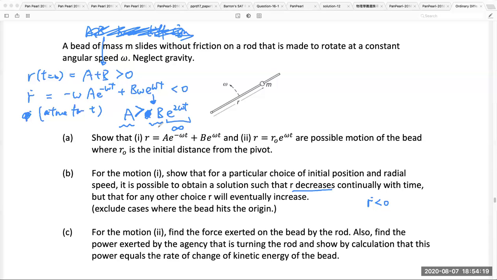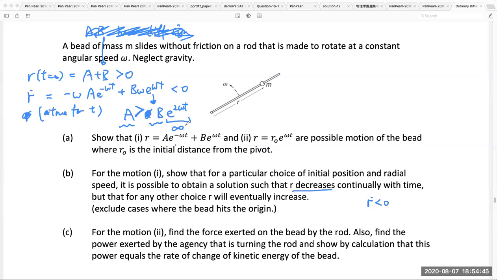But if you choose omega, can omega be negative? No. In general, you can put omega to be positive, and it doesn't matter here. You get plus omega and minus omega.